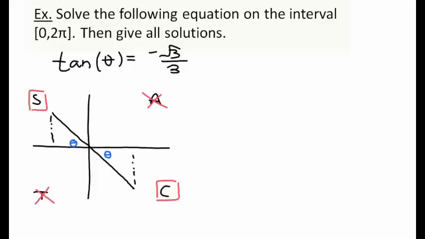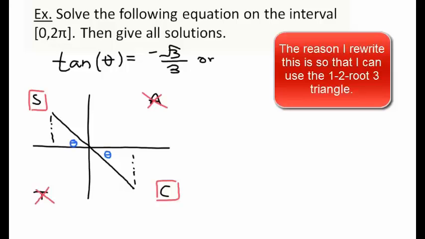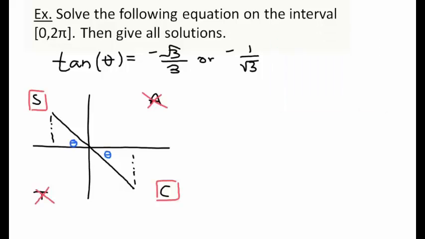Next, we know that tan of theta is the ratio of opposite over adjacent. We could write root 3 over 3 as 1 over square root of 3. And this is going to lead us, hopefully, to one of our special triangles.